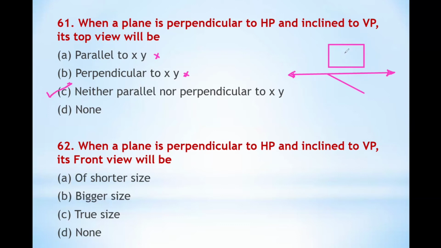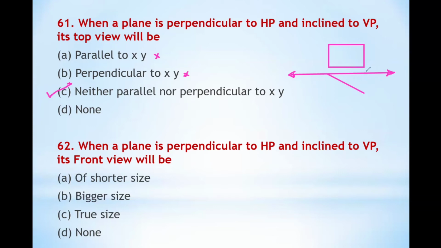That means whatever the front view is there, definitely it will not give the true shape. And one conclusion that we have to always remember: if whatever the edge view we are getting is not parallel to XY, then whatever the view is there, definitely it will not give the true shape of that plane. So here, whatever this edge view is there, it's not parallel to the XY.